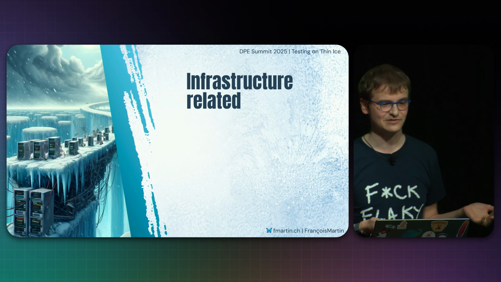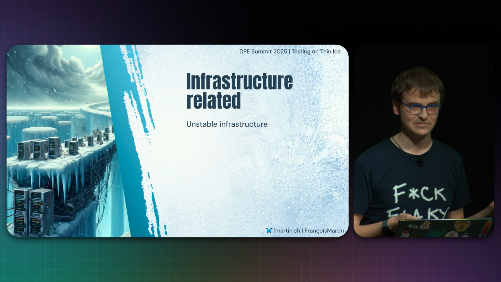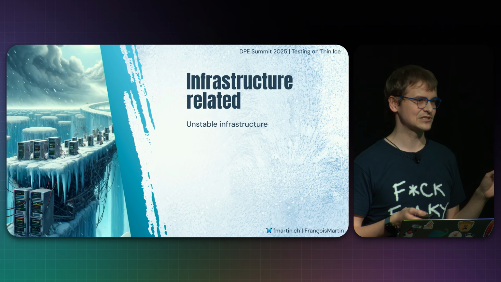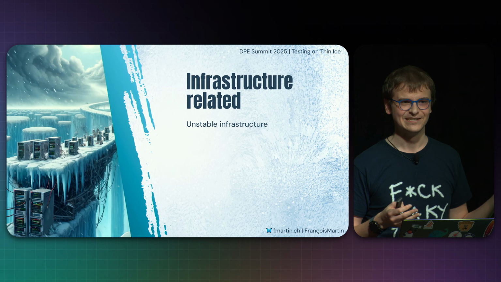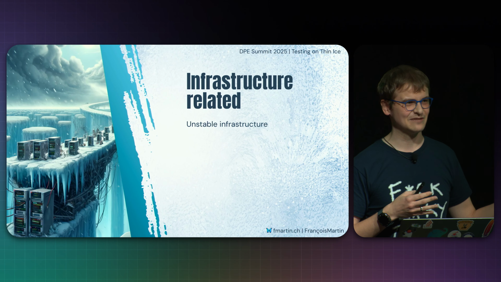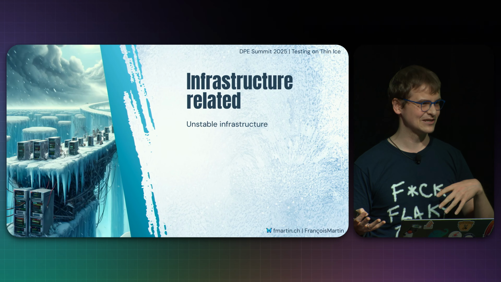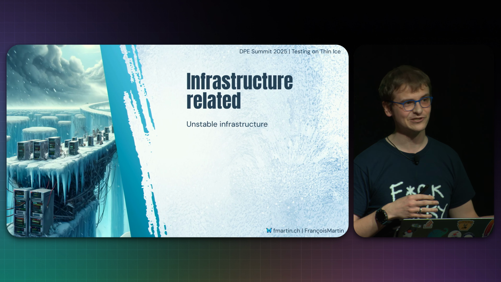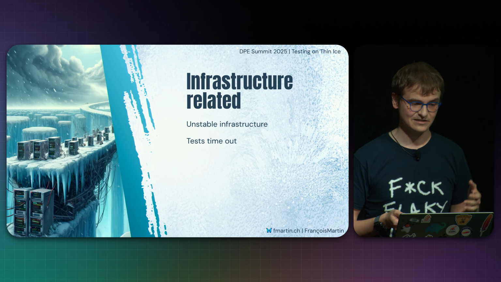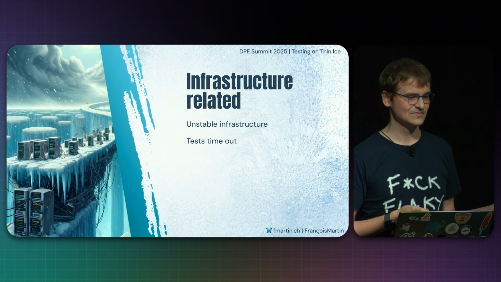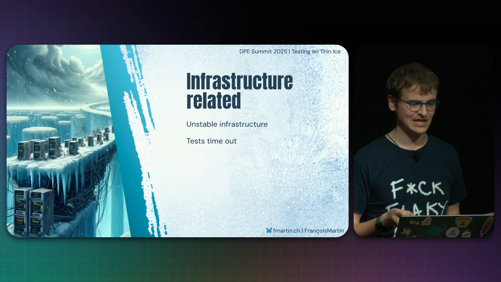Then we have infrastructure-related ones. Usually that is due to unstable infrastructure. Like I mentioned, your CI pipelines might not always be as congested. Sometimes they're more congested, sometimes not as much, and then your tests will run slower, and you might introduce some issues there. So the test could maybe time out. This is one of the effects that you could have from that.